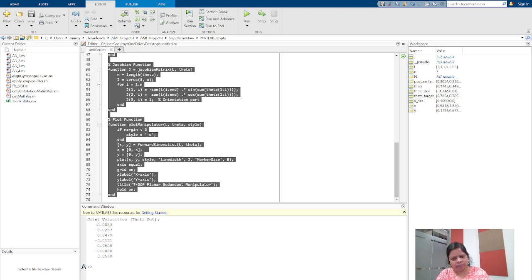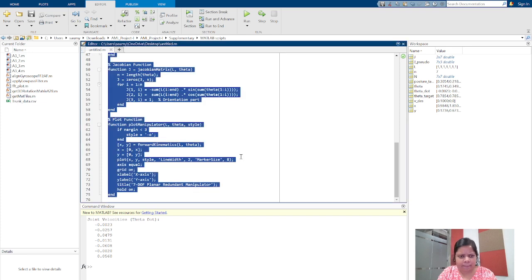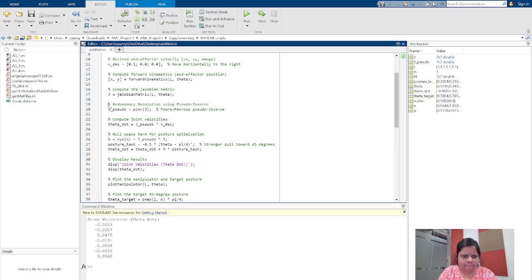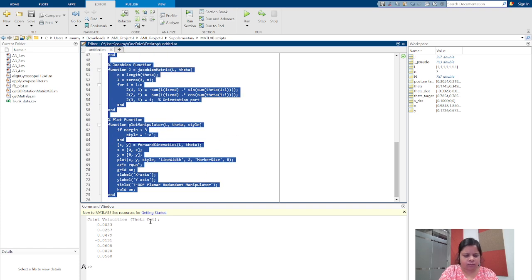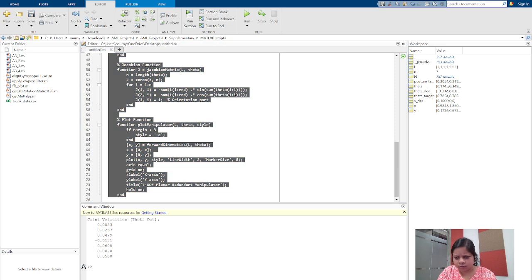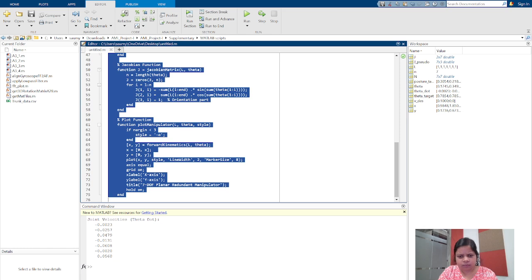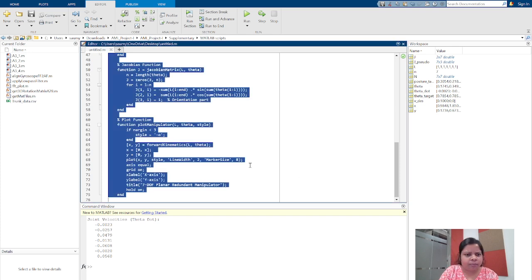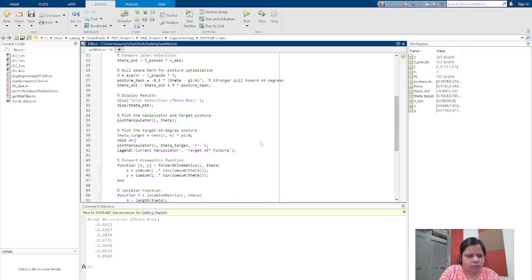You'll have to get it from the slides only. It just comes for some lines only. Plot the manipulator and target.